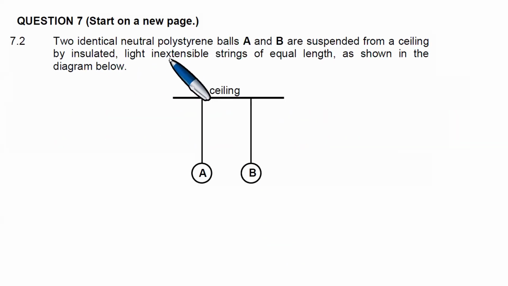Two identical neutral polystyrene balls, A and B, are suspended from a ceiling by insulated, inextensible strings of equal length, as shown in the diagram. You have these polystyrene balls A and B on inextensible strings, hanging like that.